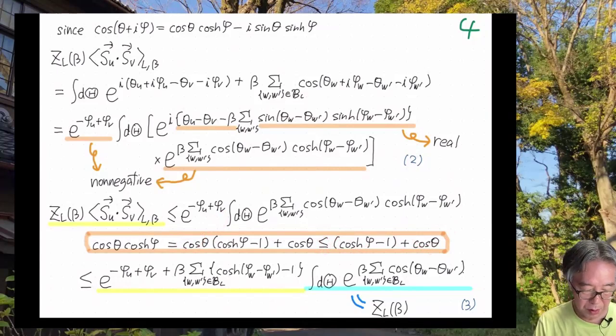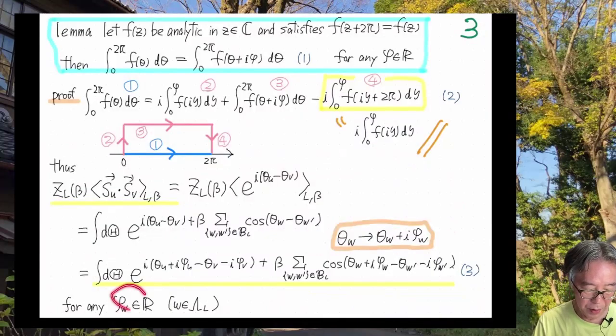And you apply this inequality here. And then very nicely, this hyperbolic cosine part and cosine part decouple. And phi is simply a constant. Phi is anything, so it's a constant.